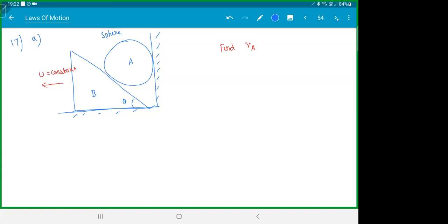Get this, find velocity of B. Sorry, velocity of B, yeah. B is pulled left with a speed u. Actually, it need not be constant. Get this, easy one. You got a minute.